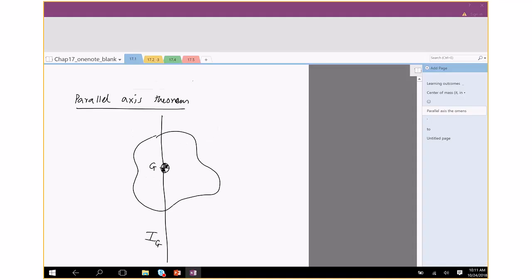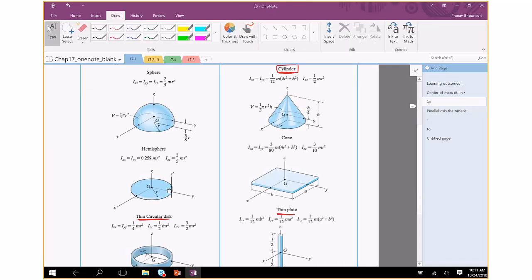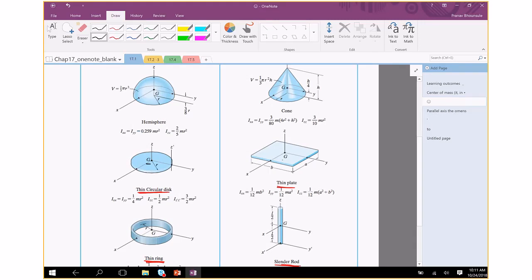By the way, all these inertias in this table are about the center of mass. You can see this G. That's where the center of mass is located. For uniform geometry, the center of mass for an object like this, which is symmetric, is going to be at its center, at its geometric center.